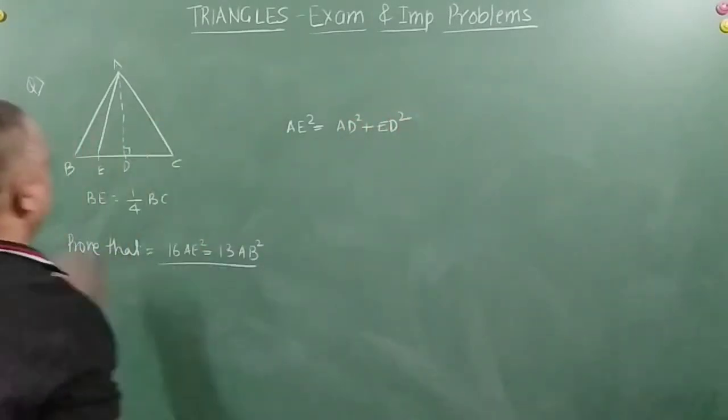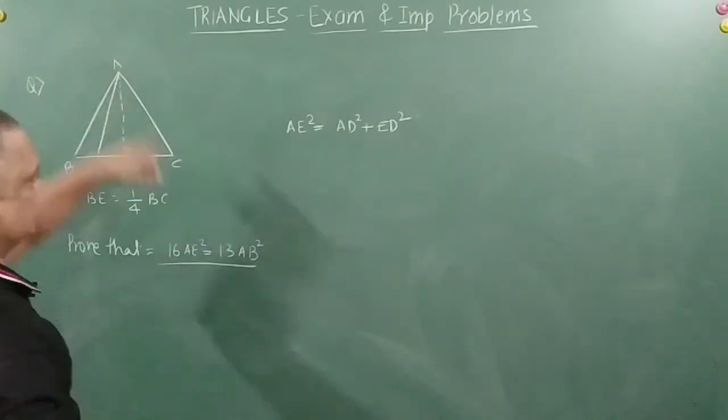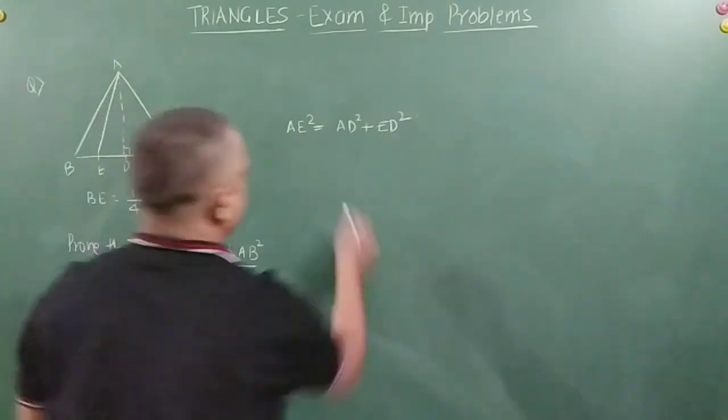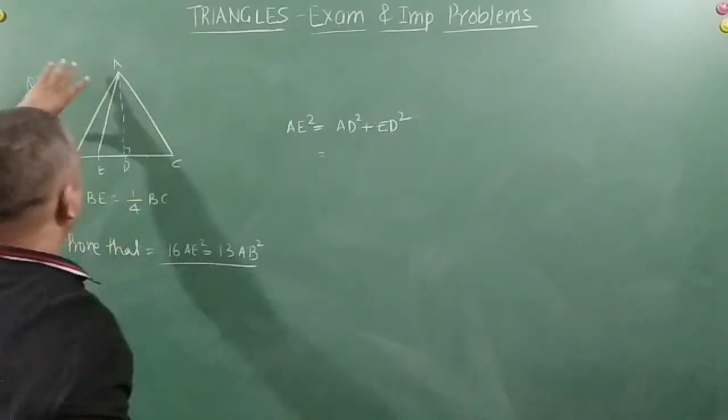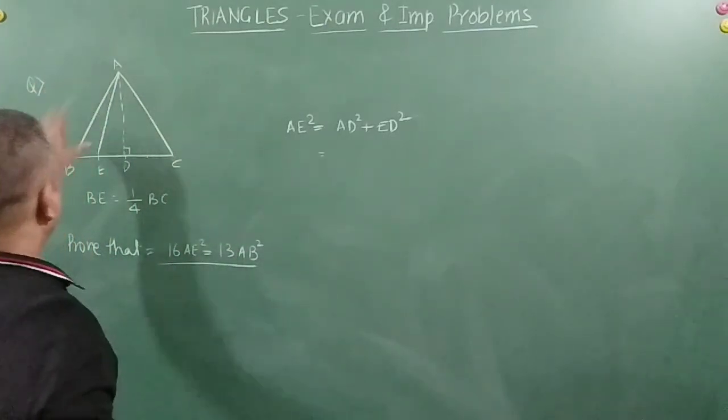I hope everybody will agree with me. AE square is equal to AD square plus ED square. Now AD square can be written as AB square minus BD square.